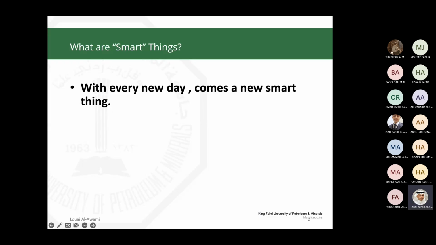So the Internet of Things main mission, or the goal, is to embed intelligence into things around us. And a thing could be anything. It could be a chair, it could be a table, it could be a house, it could be a factory, a car.